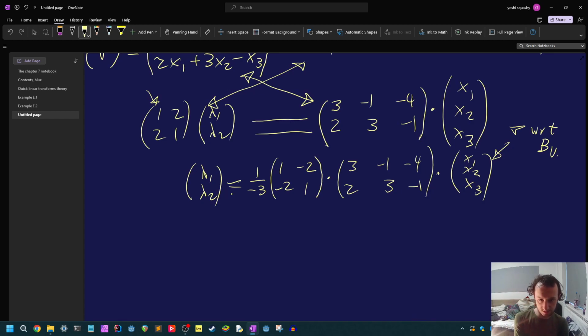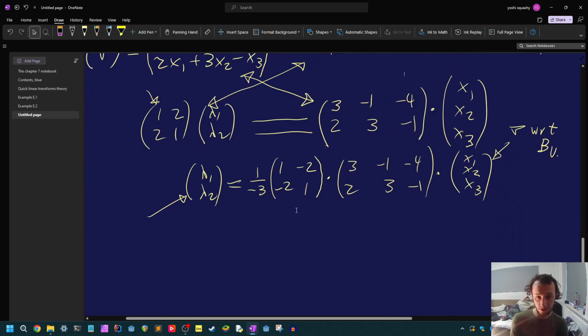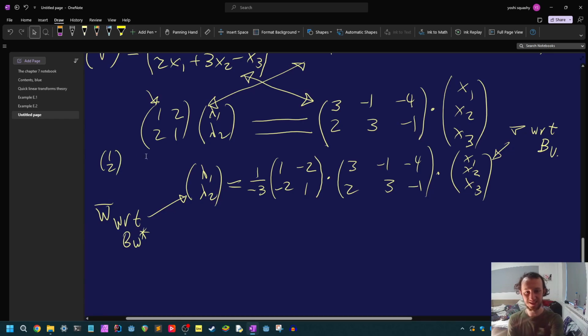What we got here is, by our change of bases idea, now this is some w, but it's with respect to bw star. So these coordinates, let's say they're 1, 2, that's not 1 across 2 up like we used to with vectors.